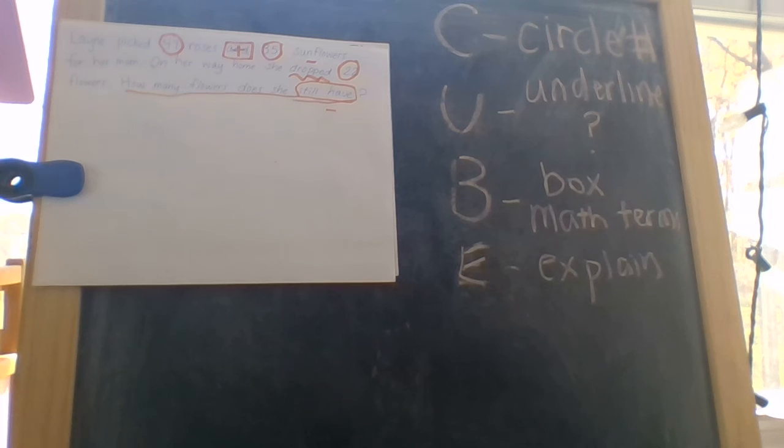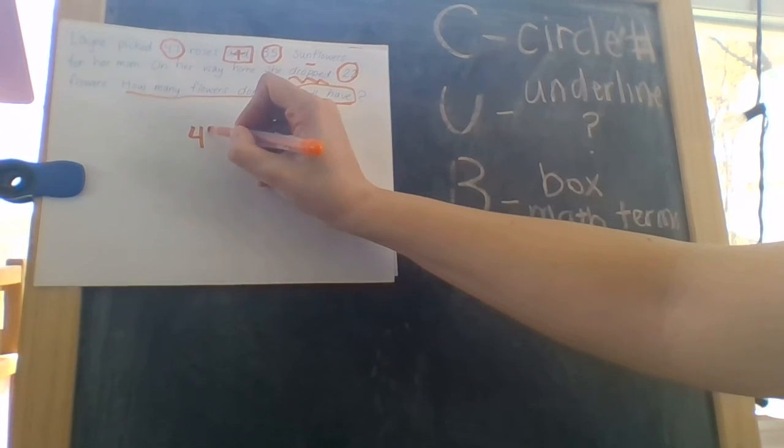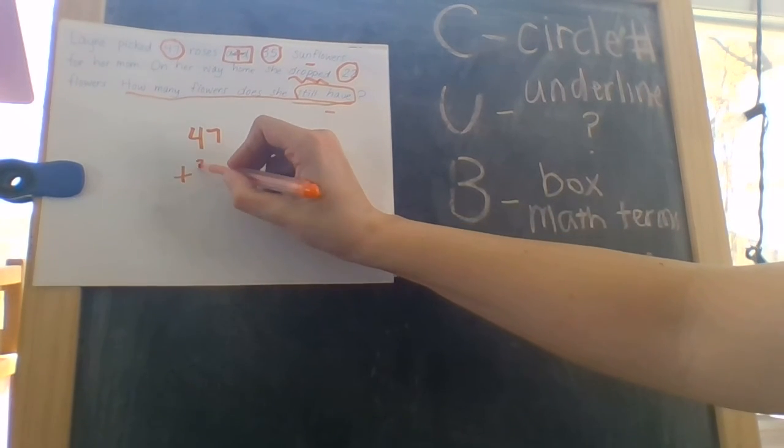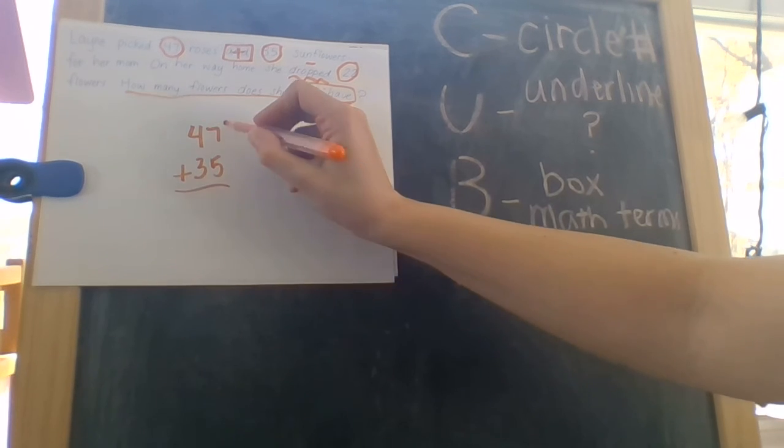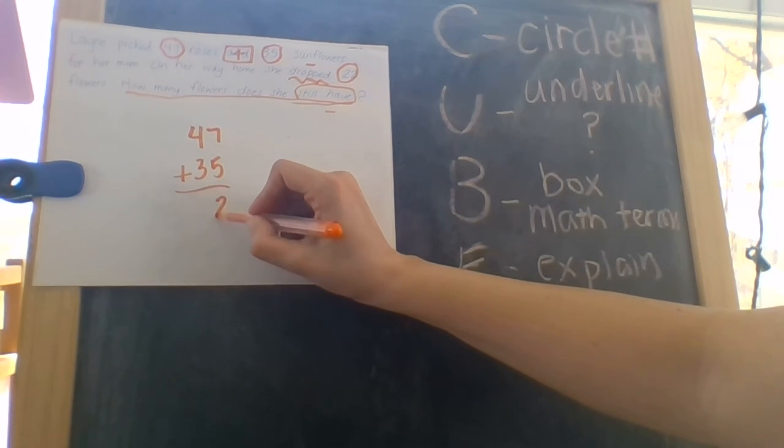So let's take a look. I know I need to add the number of roses and sunflowers together and then subtract the number of flowers she drops to see how many she still has. So 47 plus 35. 7 plus 5 is 12.